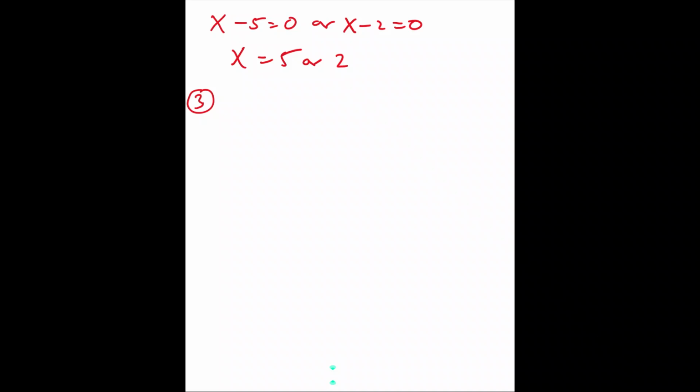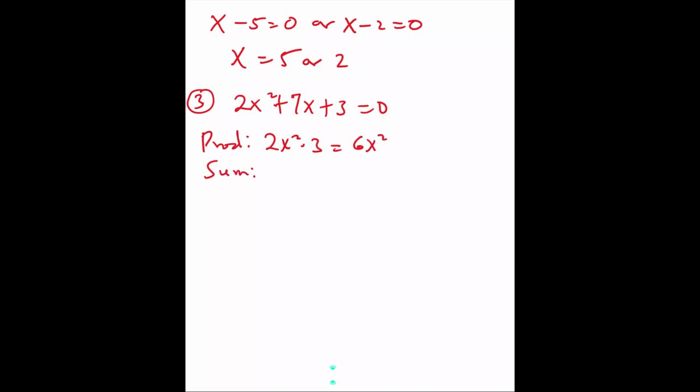So number 3, we have 2x squared plus 7x plus 3 is equal to 0. So the product here will be 2x squared times 3. That will be 6x squared. And the sum is always the middle term, that's plus 7x.